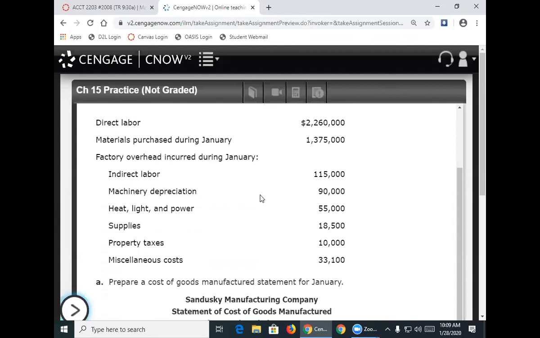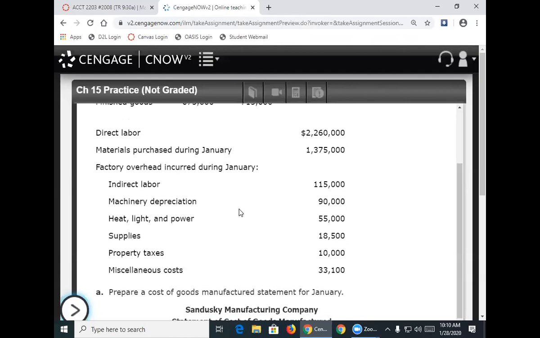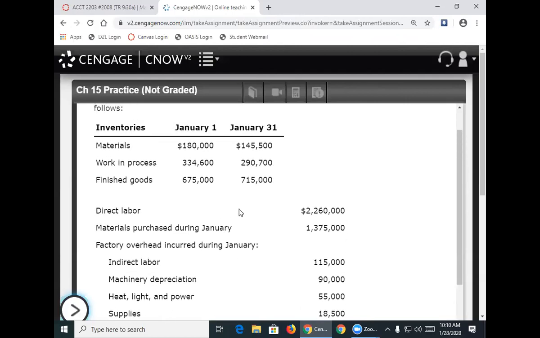Materials purchased during January gets debited. So we had 180,000, we purchased 1,375,000, and we know our ending balance.